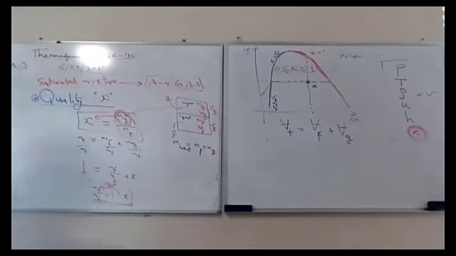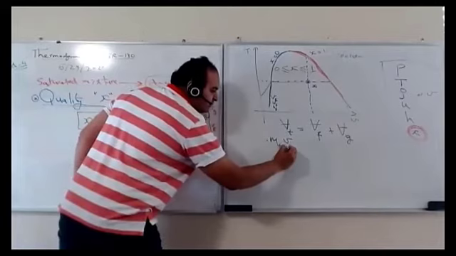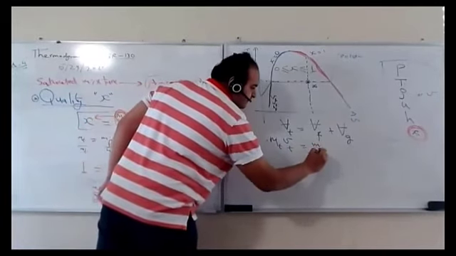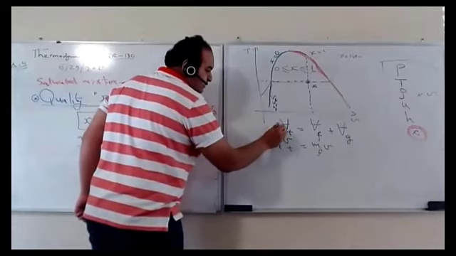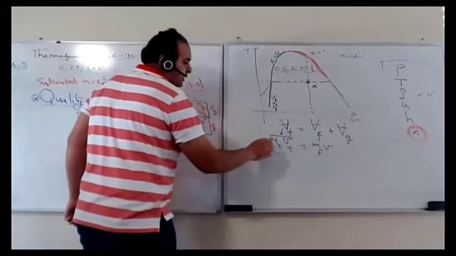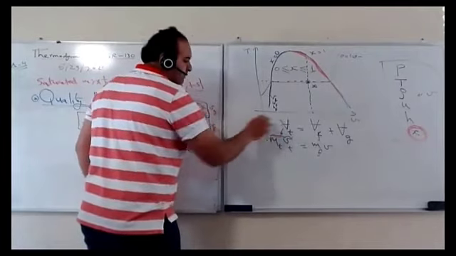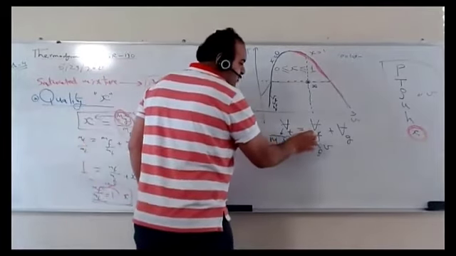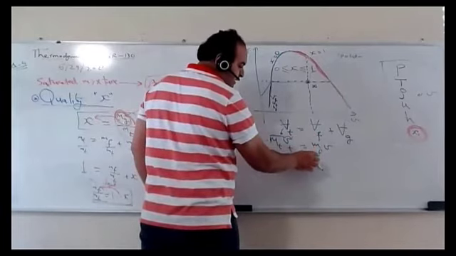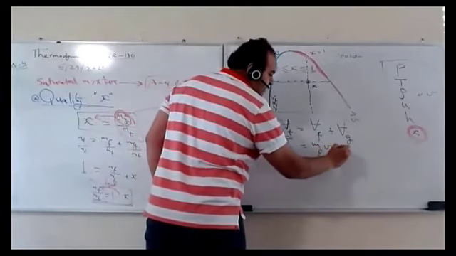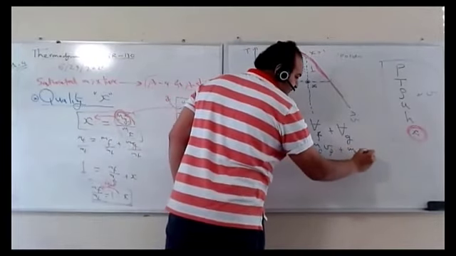The total volume is actually the mass multiplied by specific volume, correct? The product of mass times specific volume gives you total volume. So mass of the liquid times specific volume of the liquid, plus mg times vg.